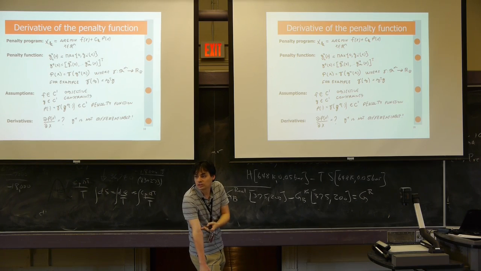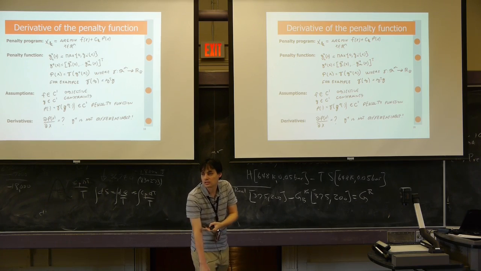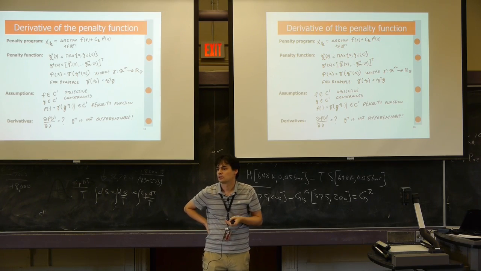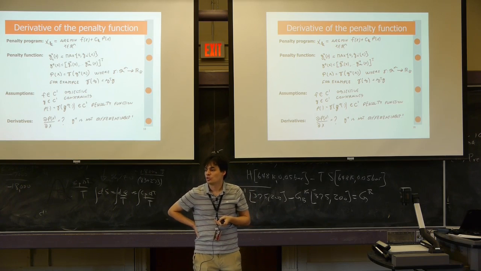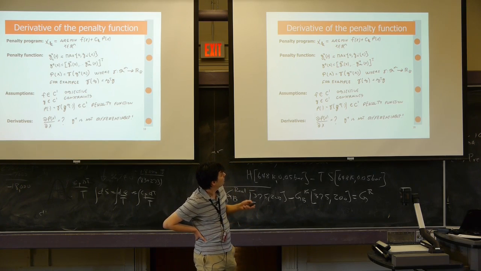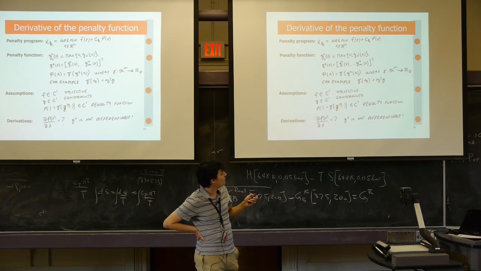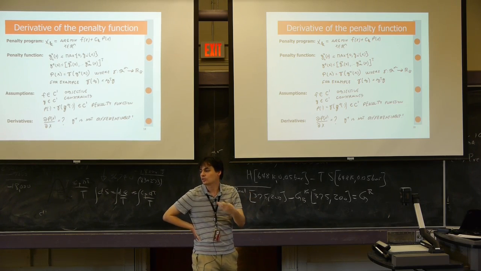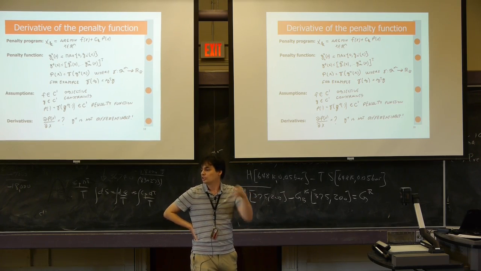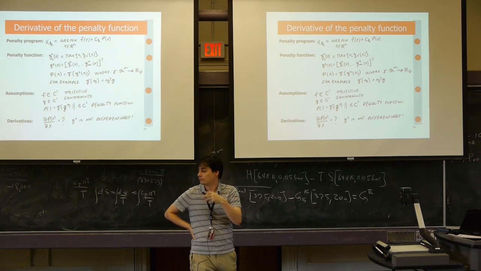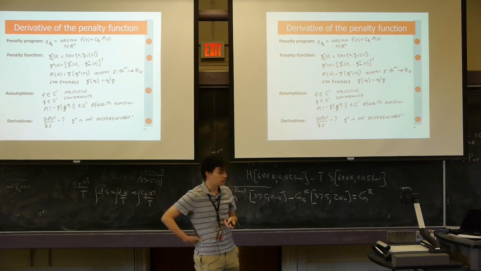Because the maximum function is not continuous. But frankly speaking, we don't need the derivative of this g plus. We need the derivative of this p(x). And if the gamma function is chosen in the right way, then even though this g plus is not a smooth function, gamma of g plus can be a smooth function, and we can calculate its derivative. So that's what we are going to do now.